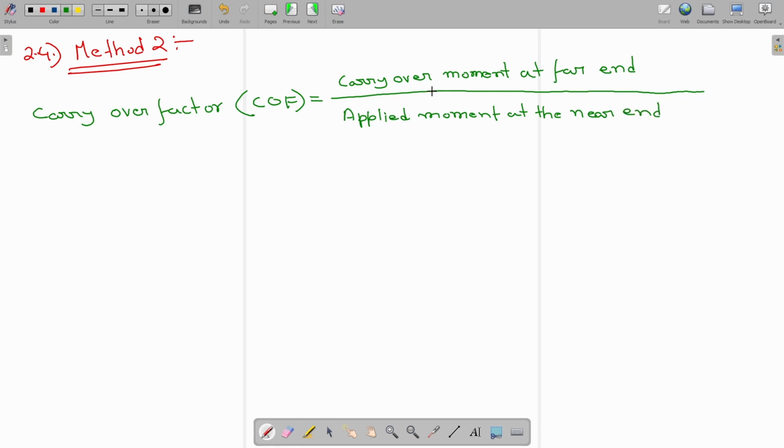Now what is far end, what is near end? Let me draw a beam. This is fixed. This is a roller support. Now we are going to apply a moment here. This is the near end, and this is the far end.